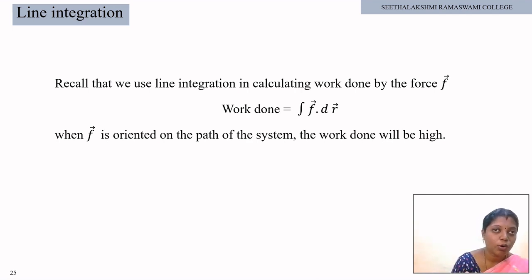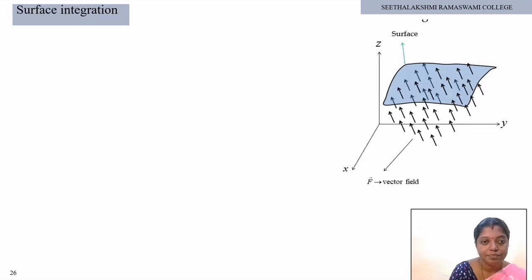But if my force is not oriented in the direction of your path, then the work done along the path would be very less. Because of this, work done is represented by line integration. Work done is nothing but the integral of F dot dr vector.